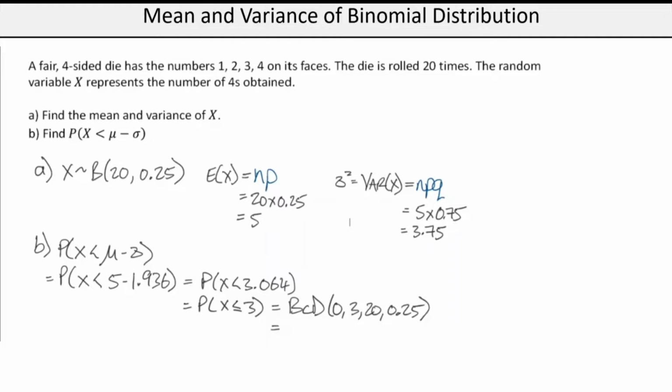We can do a BCD calculation and we get our answer, 0.2252. So really just ensuring your understanding of how to calculate the mean and the variance and your familiarity with these symbols that we've been using. Mu, maybe it's a bit new to you, is the expectation of x. Sigma is the standard deviation. Sigma squared, well, that's your variance.